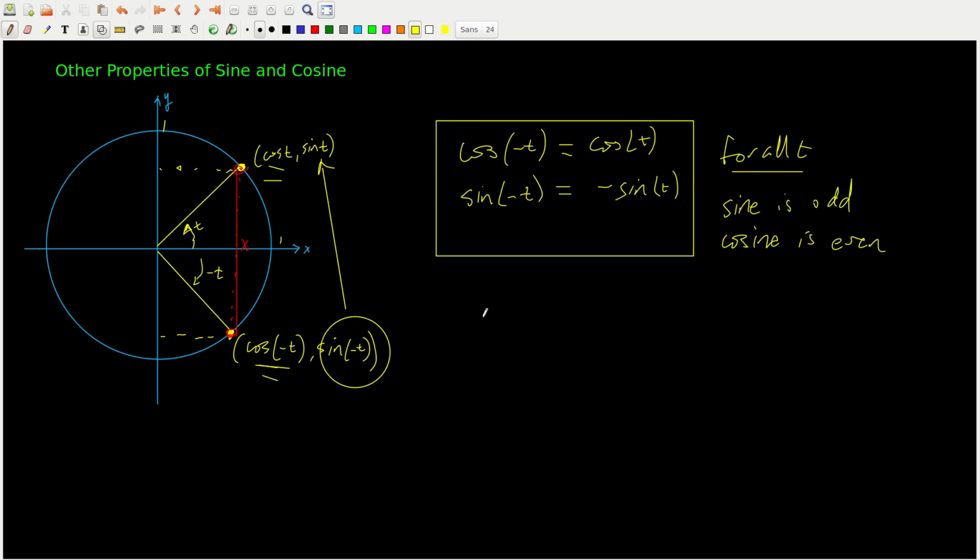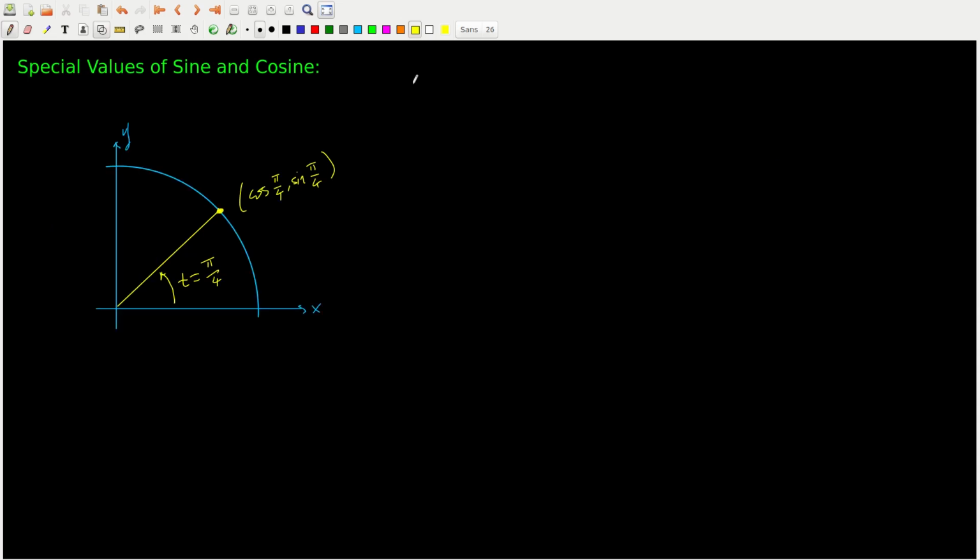So we've learnt about sine and cosine a little bit more. So let's use a little geometry to find some information about these values of sine and cosine. We already saw the special values, the cosine and sine of 0, we use this point. The cosine and sine of pi over 2, we use this point. Let's think about the point right between. So the angle is 45 degrees here. The angle is pi over 4 radians.